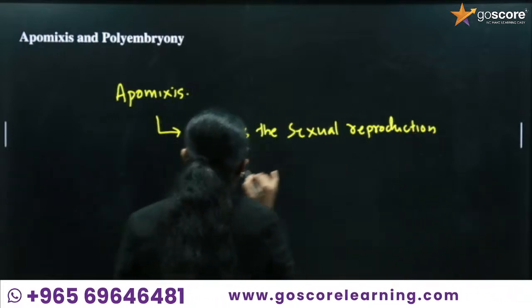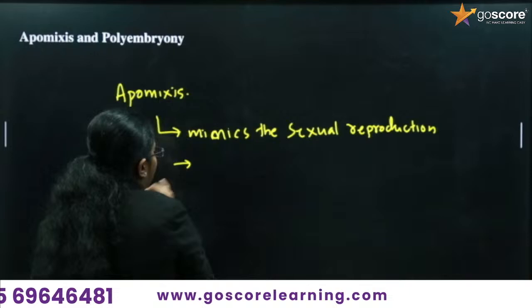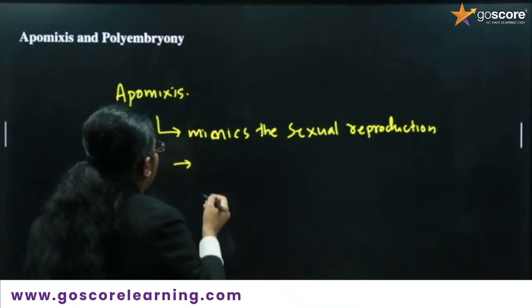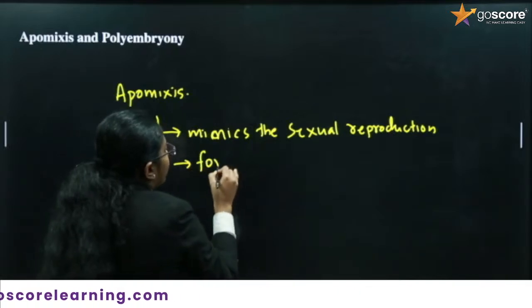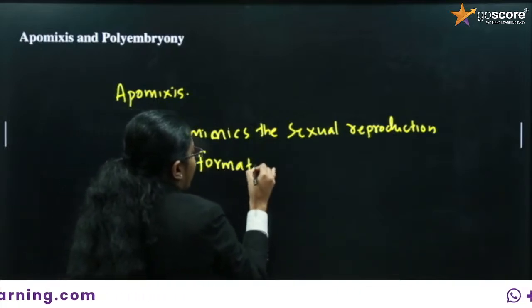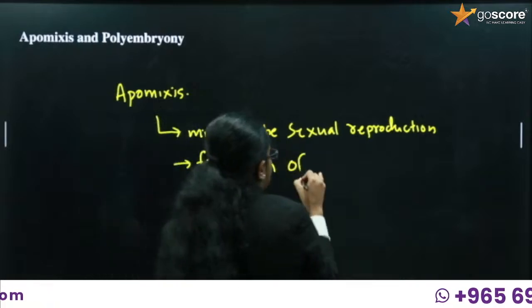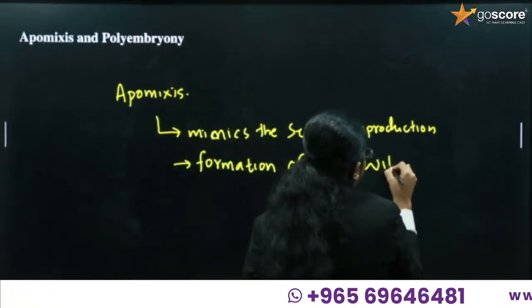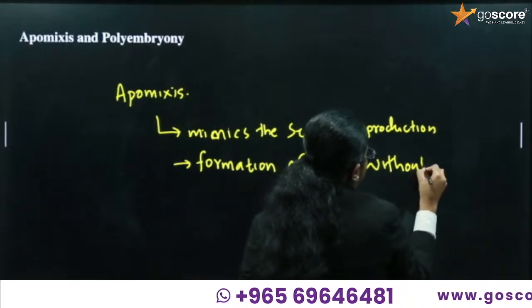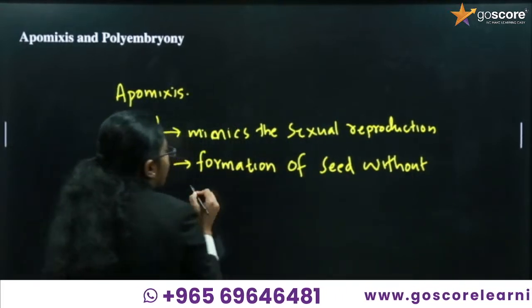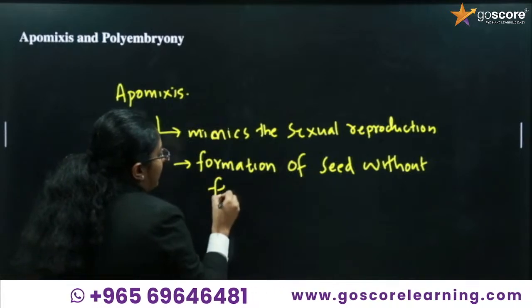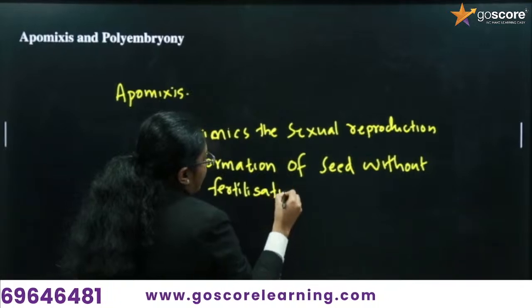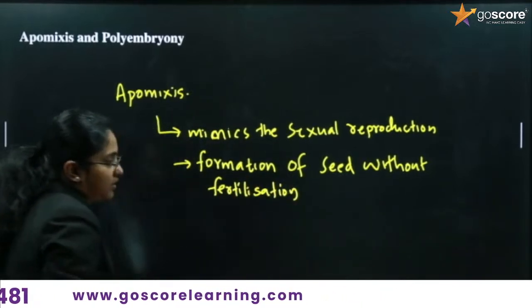That means it is the mode of reproduction where there is no fertilization. Formation of seed without fertilization is known as apomixis.